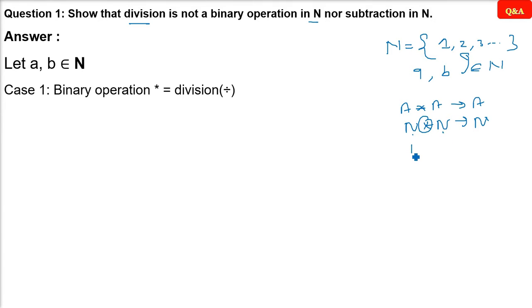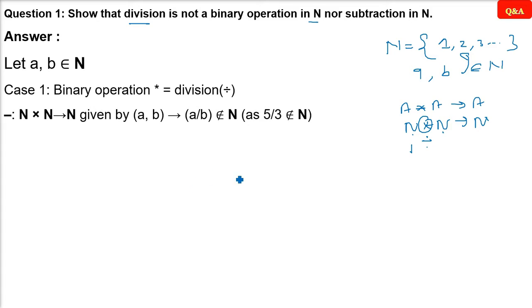So when we take division, it may not be possible. We take the first value and the second value, and operate using the division operator. I'm just taking random values; you can pick any. I'm taking A as 5 and B as 3.